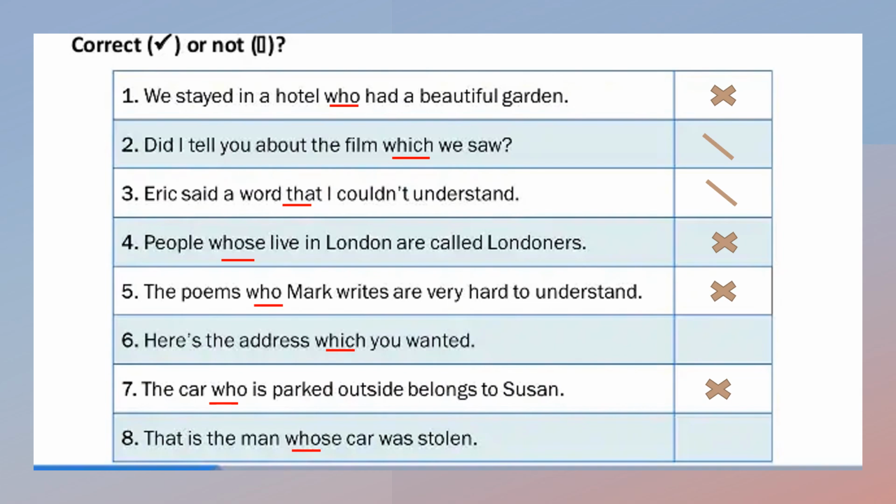Car is a thing, so you might replace who with which: the car which is parked. Could be better. Number 8, that is the man whose car was stolen. This is also correct, because whose is situated between two nouns, man and car, and it shows possession. So number 8, no problem at all.